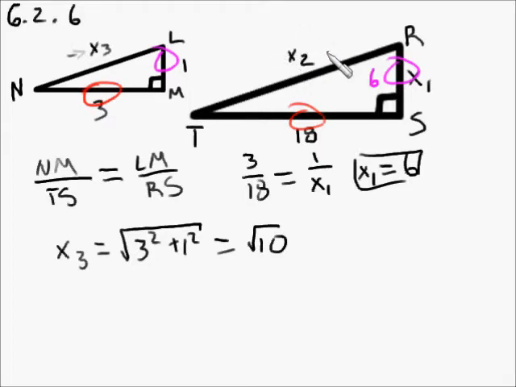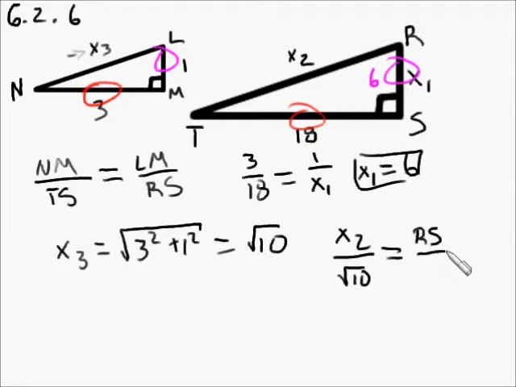Finally, we can do the same thing with this x2, or we could use a ratio to find it. I'm going to use a ratio. x2, this side, TR, is to this side, NL, the square root of 10, as the ratio between, we'll go with RS and LM.